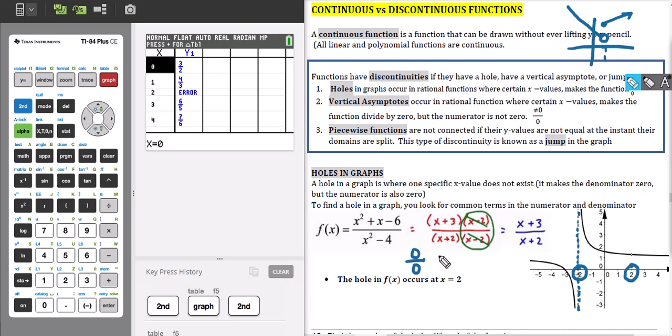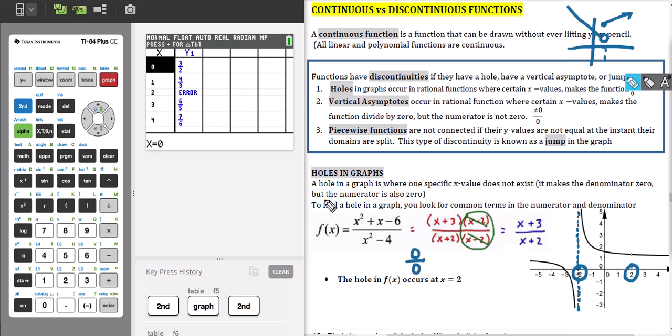To algebraically figure these things out, the hole in the graph is always going to factor out. Again, it's going to create the 0 divided by 0, but when you factor the top to x plus 3 and x minus 2, the bottom factors to x plus 2, x minus 2, these x minus 2's can factor out. That leaves you with a different function.